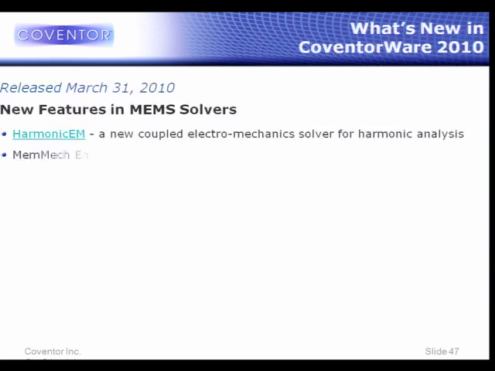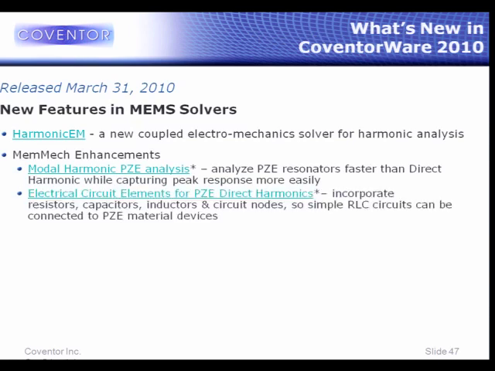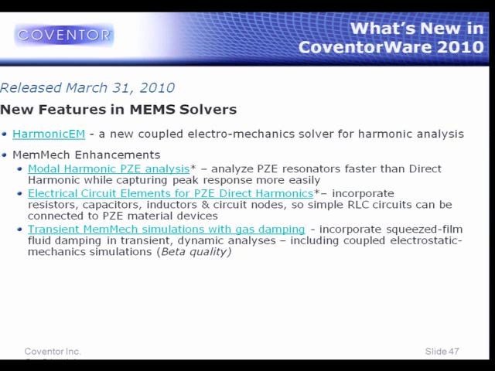In case there are any existing CoventorWare users, what we added in CoventorWare 2010 were some of the things I talked about: Harmonic EM, modal harmonic analysis, circuit elements for harmonic PZE, and this gas damping and MEMMECH.